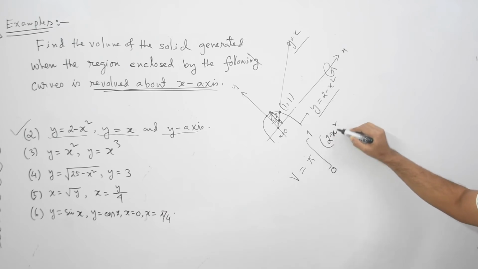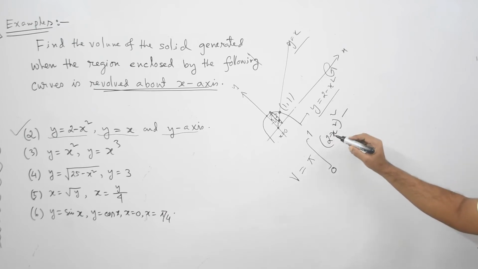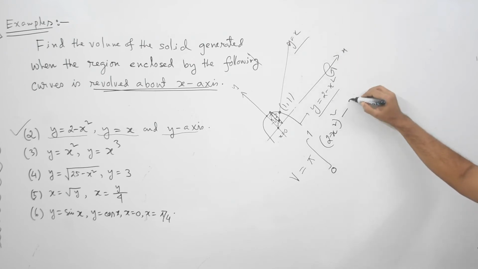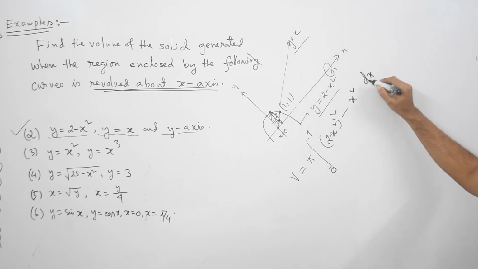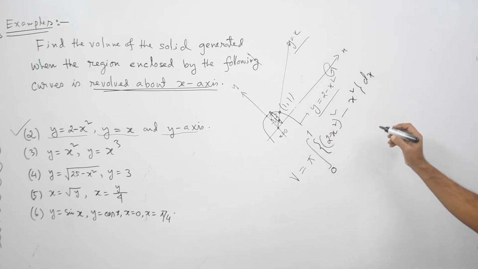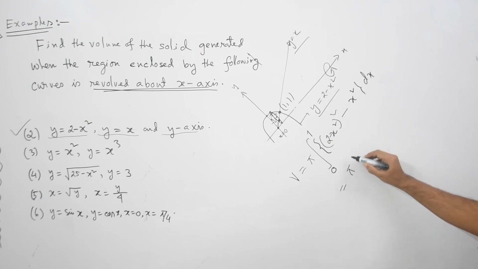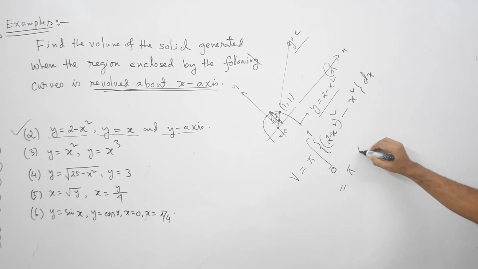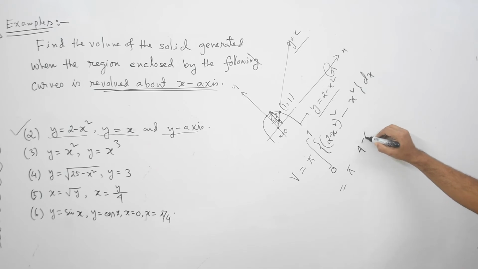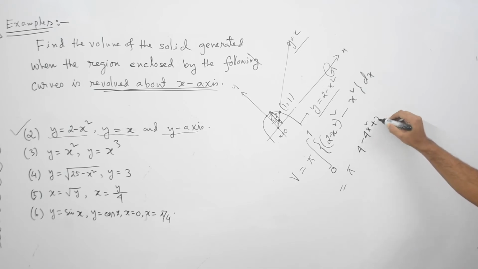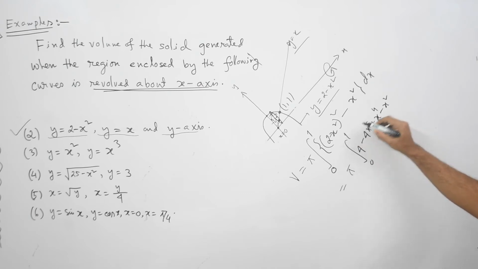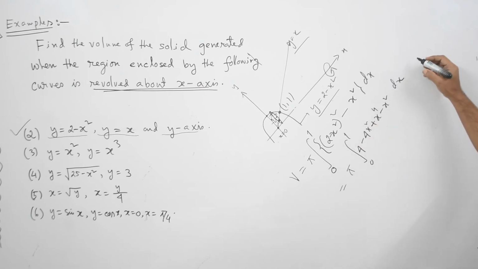So (2 minus x square) whole square is f(x) square, minus g(x) square, where g(x) equal to x, dx. This equals pi. If you square it, you will get 4 minus 4x square plus x to the power 4 minus x square, from 0 to 1, dx.